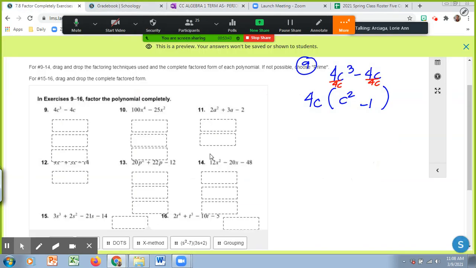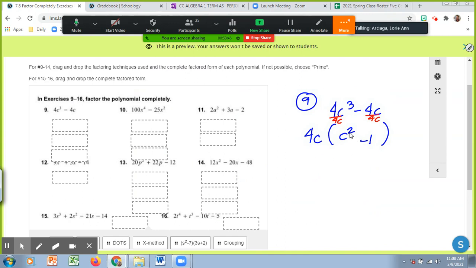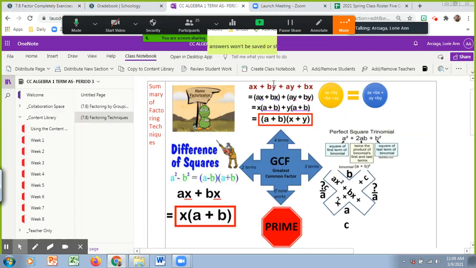Okay, in this case, C squared minus 1. So it's something squared minus something squared, right? So you can actually break this down into what? How do you break up C squared into 2 same letters? What's the square root of C squared? What letter times itself gives you C squared? Remember the pattern here? You just break them up into two same letters.